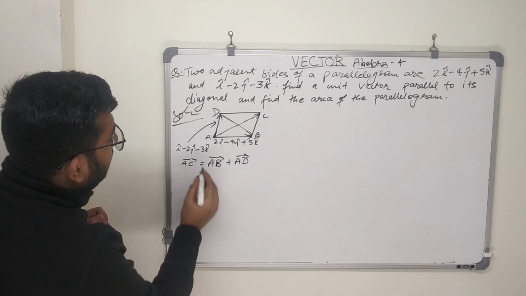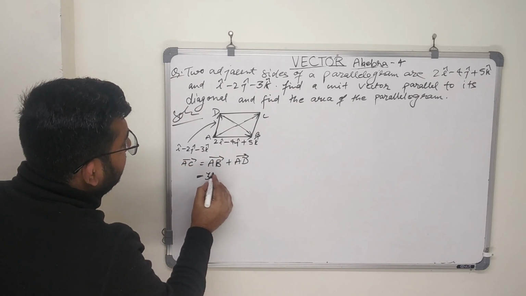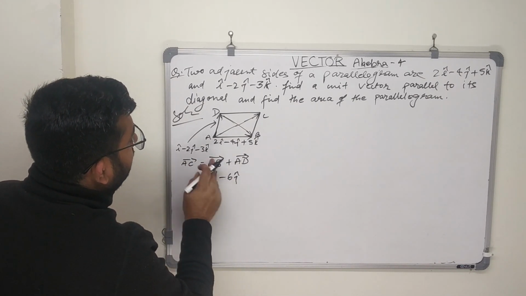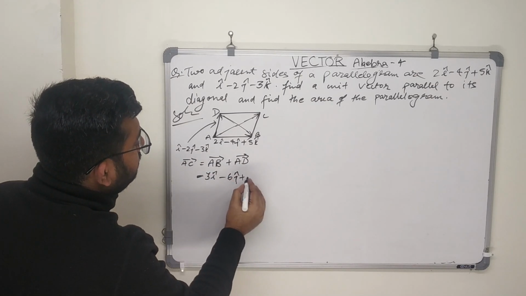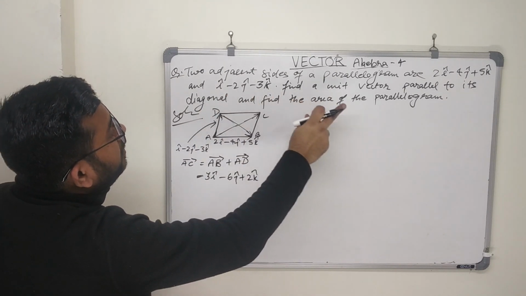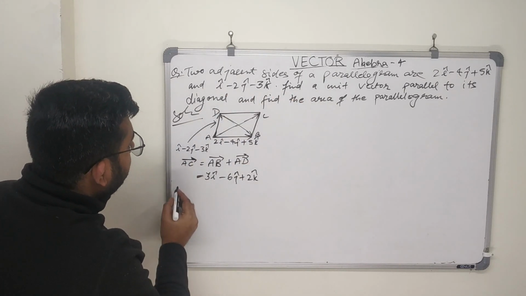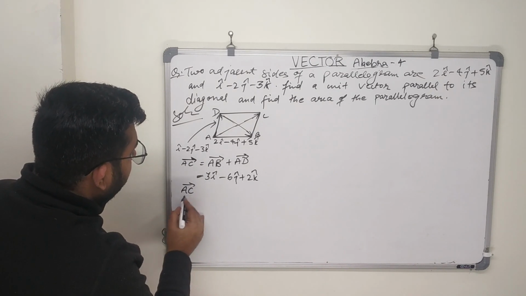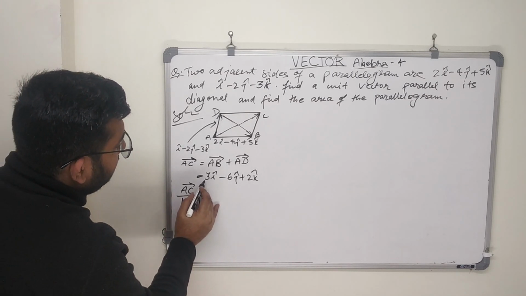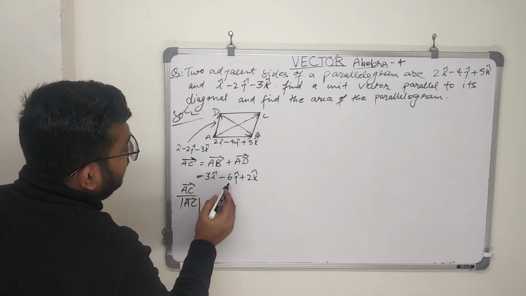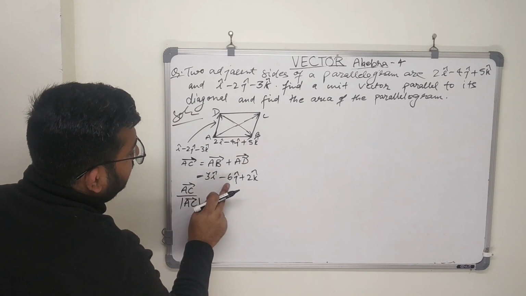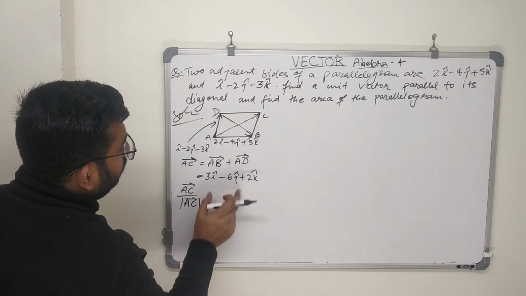So adding both of them, that is 2i plus i, that is 3 i cap, minus 4 minus 2, that is minus 6 j cap, plus 5 minus 3, that is plus 2 k cap. So to find its unit vector we have to divide by its magnitude, that is AC vector upon magnitude of AC vector. So we will find its magnitude, that is equal to under root of 9 plus, sorry, 9 plus 36 plus 4, that is equal to 49.